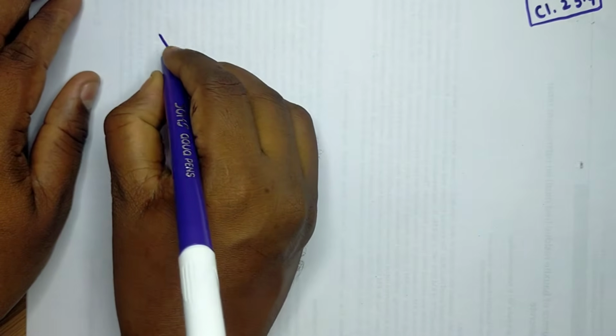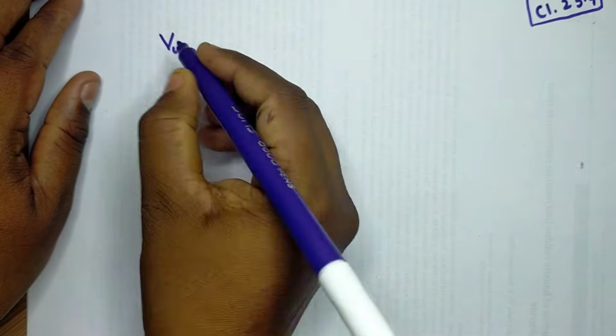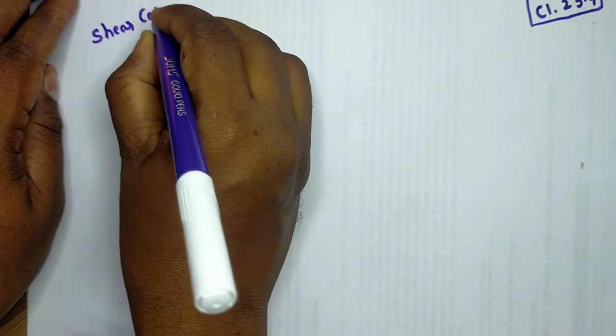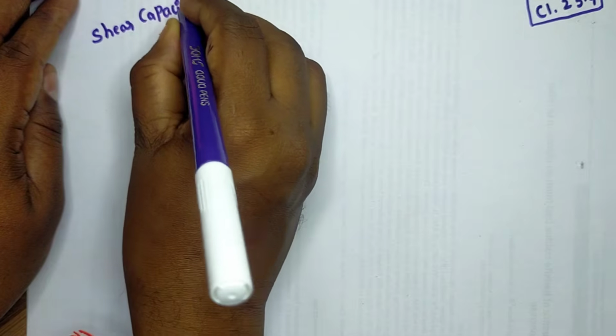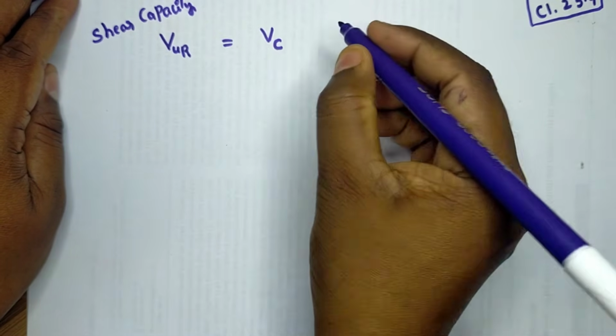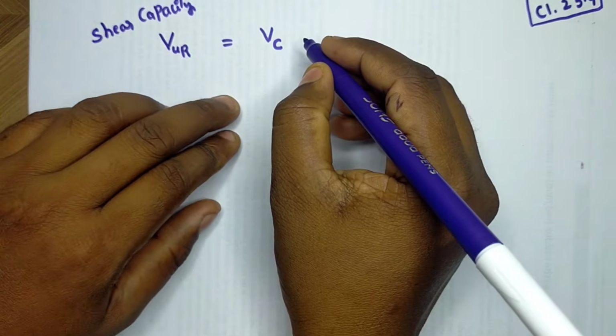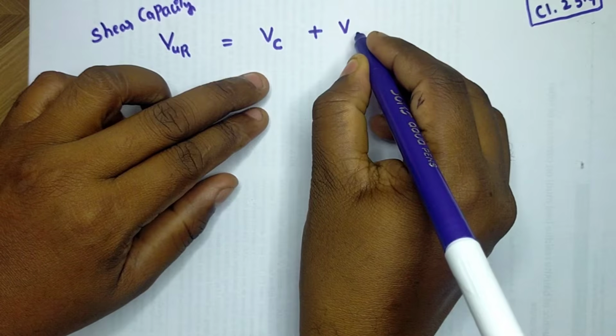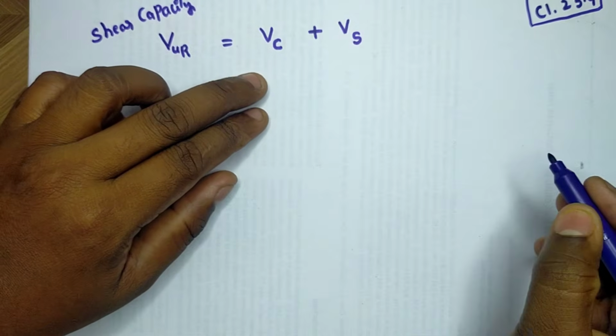The ultimate shear capacity of the member is the sum of the shear capacity contributed by the concrete plus the shear capacity contributed by the stirrups.